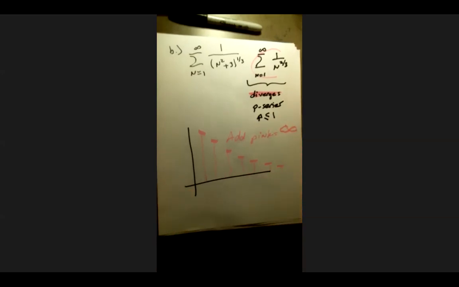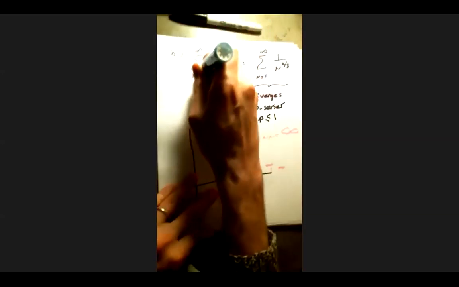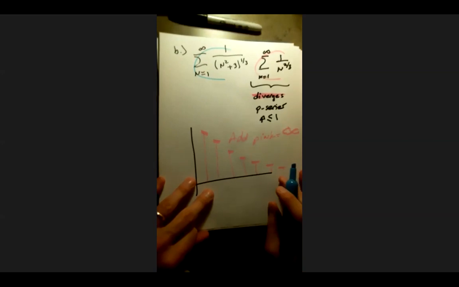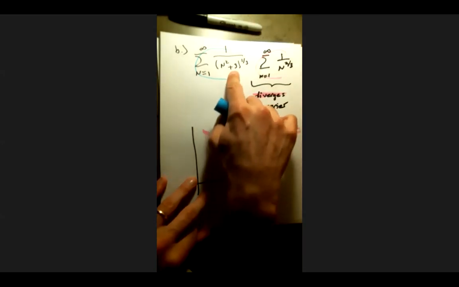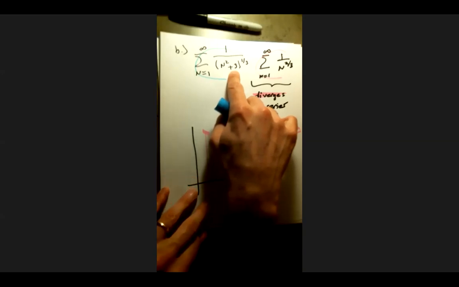Okay. So then if we come to the original, where does the original live relative to the pink? And specifically, is it above or is it below the pink? Below. Yeah, because we're adding to the denominator, which makes the fractions smaller. So bigger denominator means smaller things.